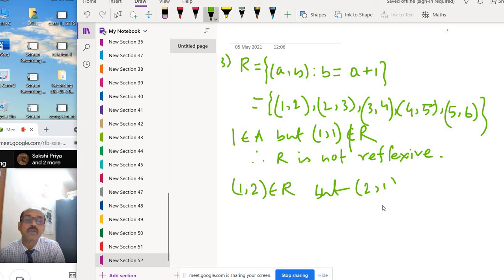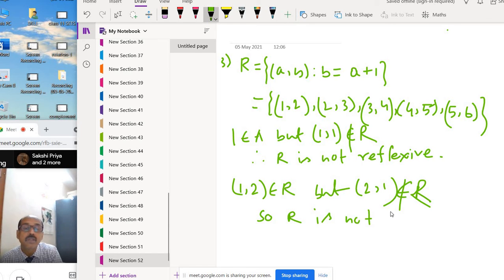So (1, 2) belongs to R, but (2, 1) does not belong to R. So R is not symmetric.